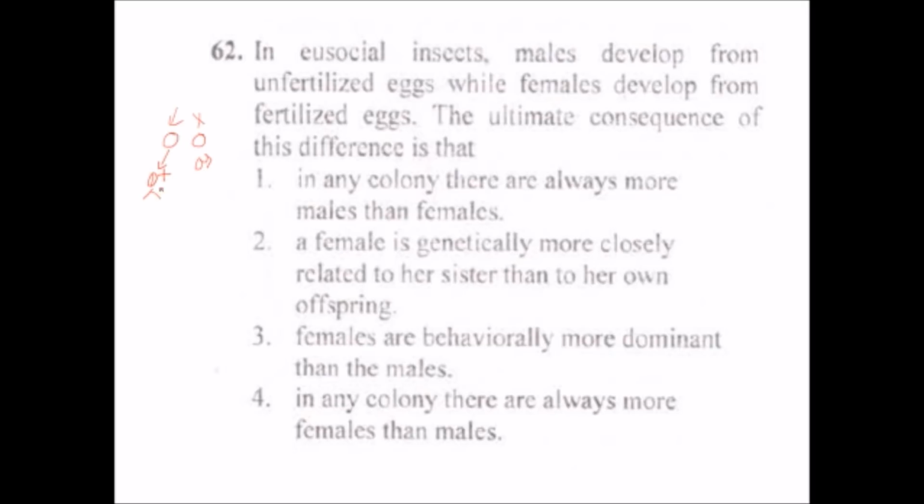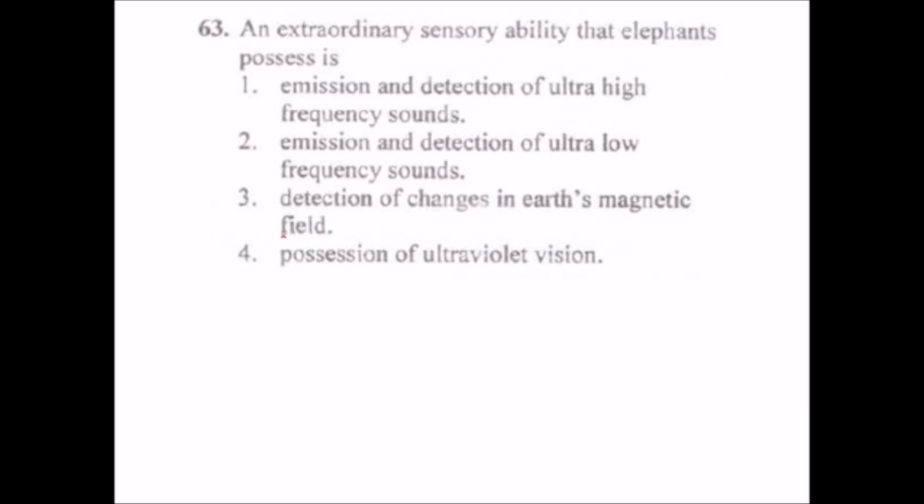When it lays an egg, it may be possible that this egg is unfertilized and may develop into male. So it is known that the female which developed from such a mechanism is more closely related to her sister than her own offspring. So the answer will be number 2.